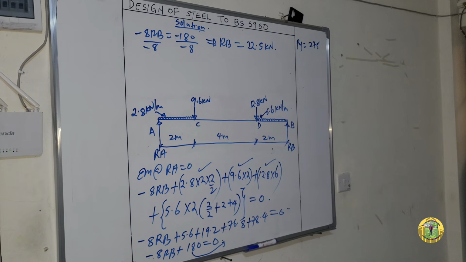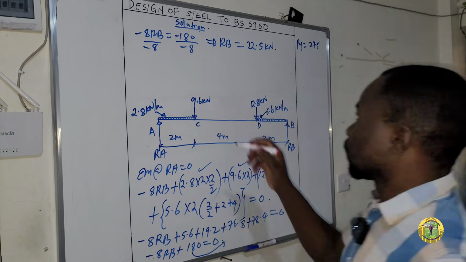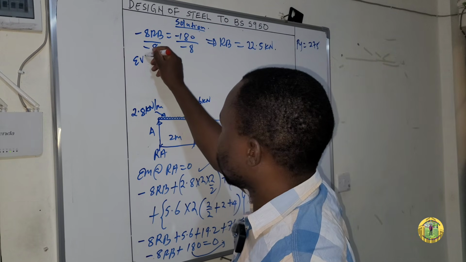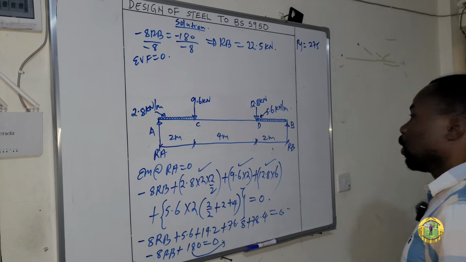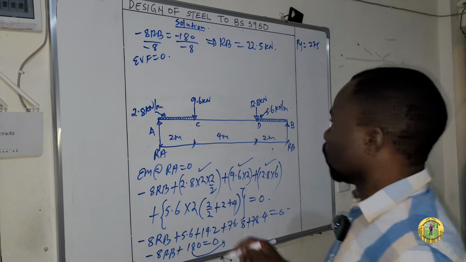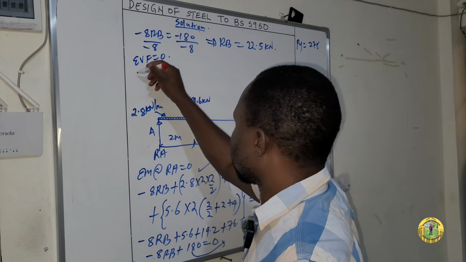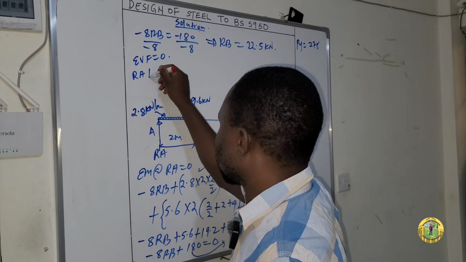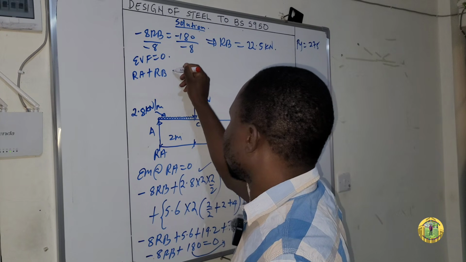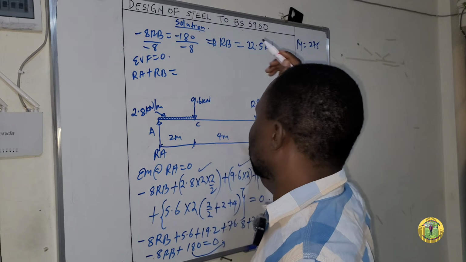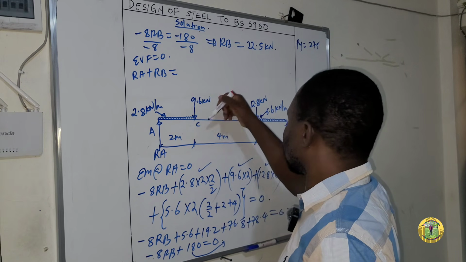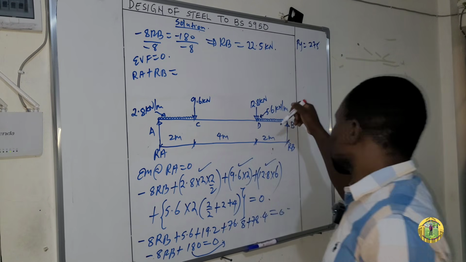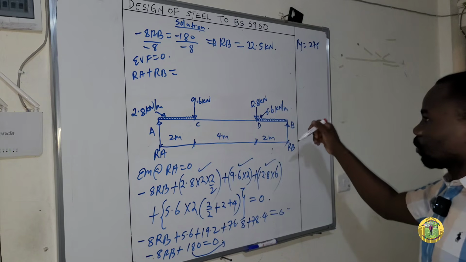After getting RB, we can now calculate RA. To calculate RA, you say that the summation of all vertical forces is equal to 0. So it means RA plus RB must be equal to all the total downward forces.